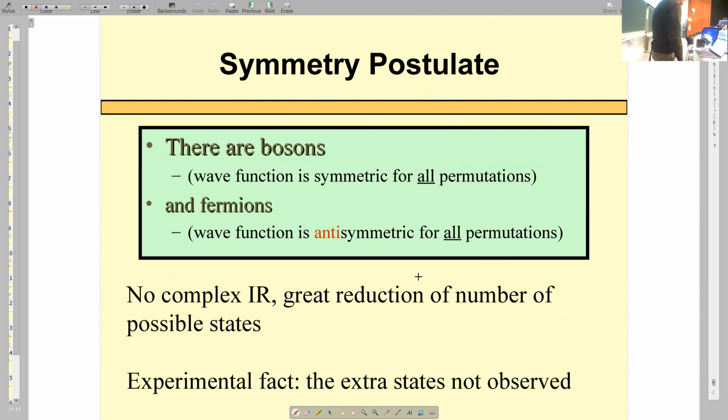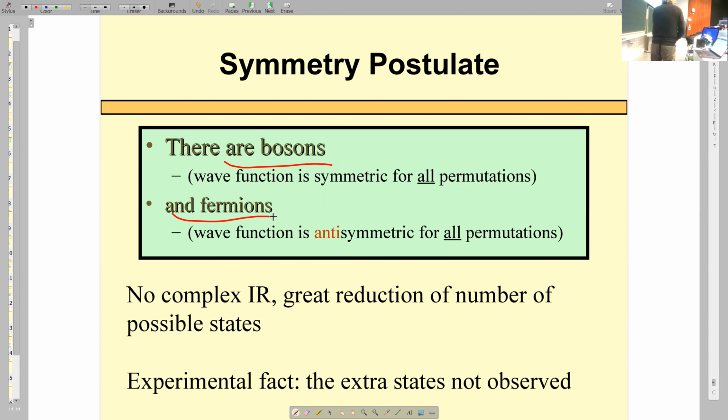That's how we come to the symmetry postulate, which again, I believe you know in some way. Identical particles can only come in two sorts. They're either bosons, and that means that their wave function is completely symmetric with respect to all permutations, or fermions.